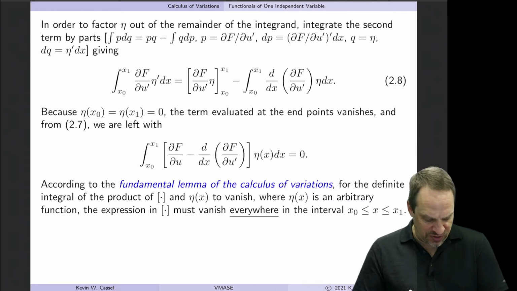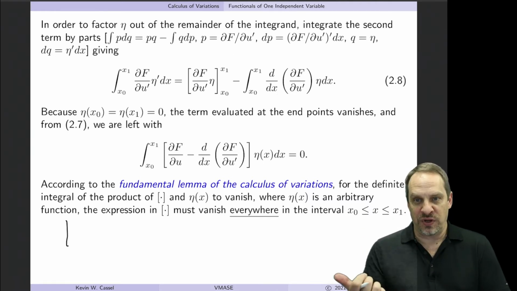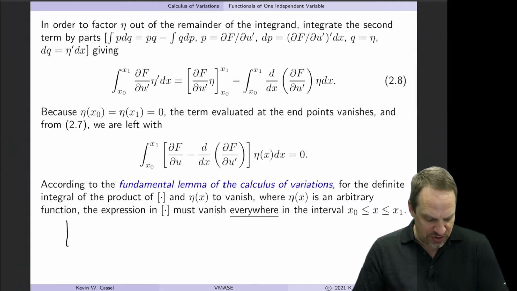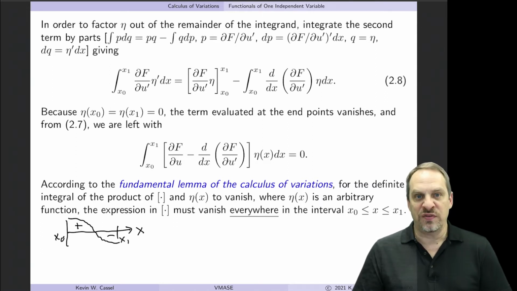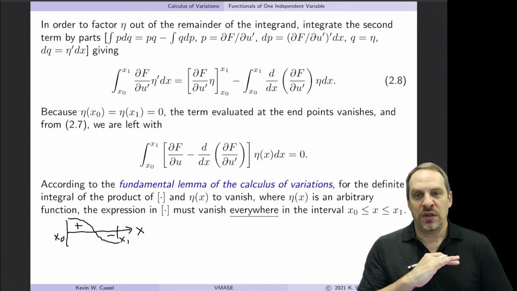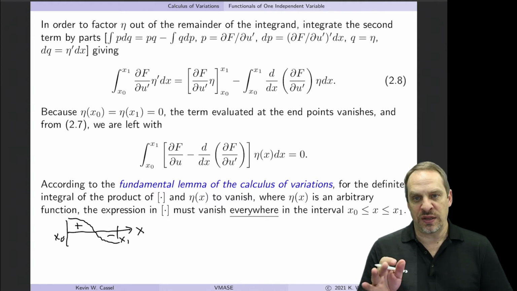Let's think about definite integrals and how that definite integral could be 0. So say we had a situation like this. So here's x, x0, and x1. We could have a situation where the positive portion and the negative portion, those two areas, exactly compensate, and therefore it's 0.